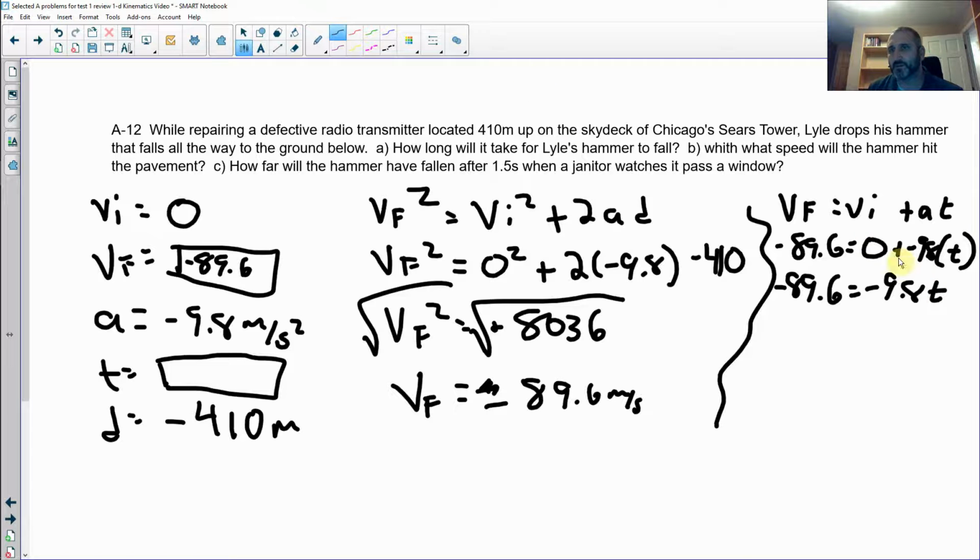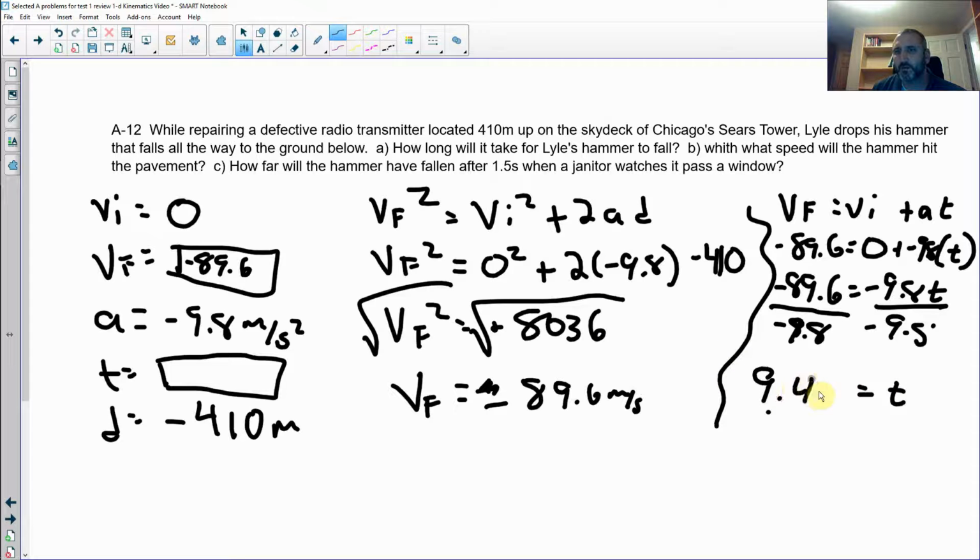And now we can do the math, so it's easy. I just got rid of the 0 here to clean it up a little bit. Negative 89.6 divided by negative 9.8 should be about 9.14 seconds.